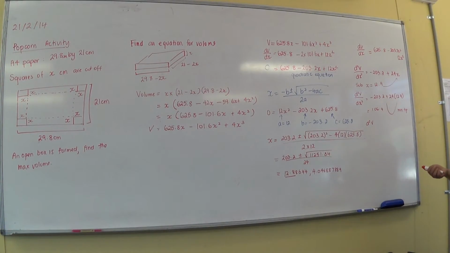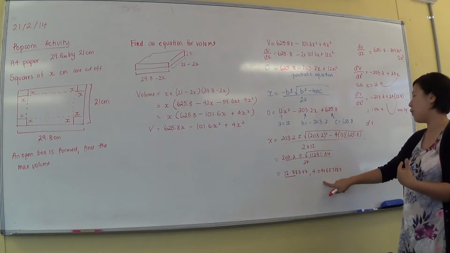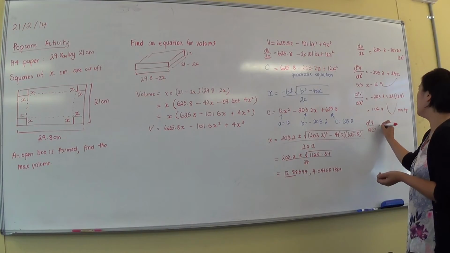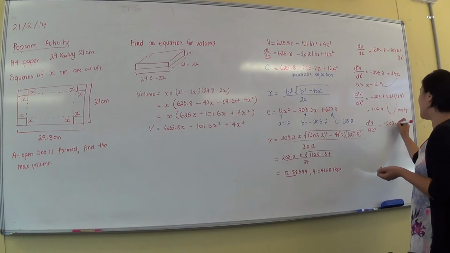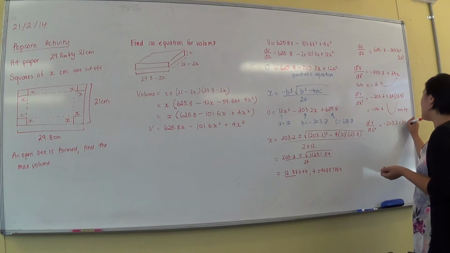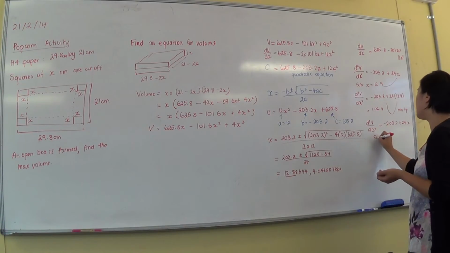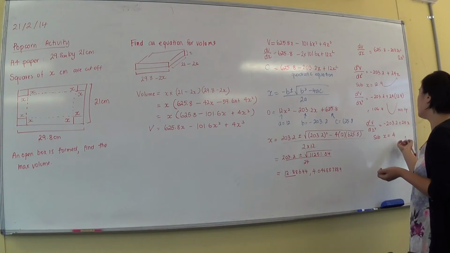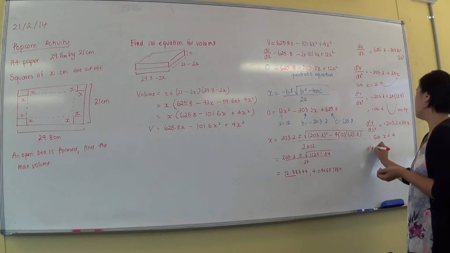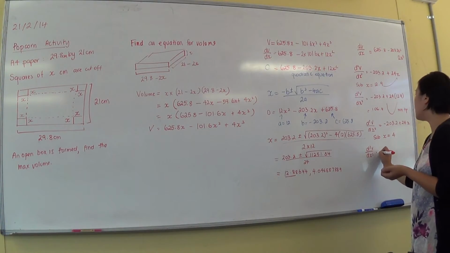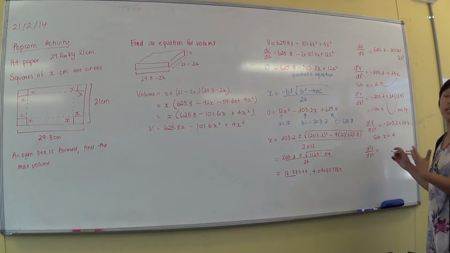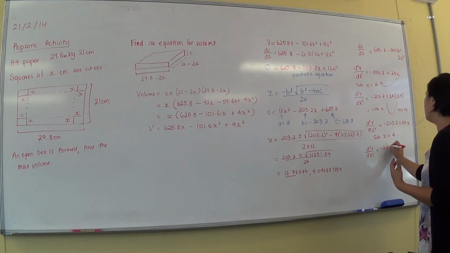So now the biggest one, I'm assuming, is going to be that 4. So we'll test the second one. We still have the same second derivative, so that doesn't change. The only thing that changes is we're going to substitute x equals 4. And because it's a maximum turning point, what do you reckon we would get, a positive or a negative answer?